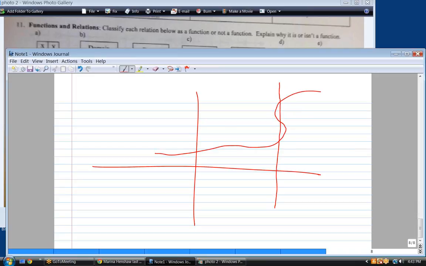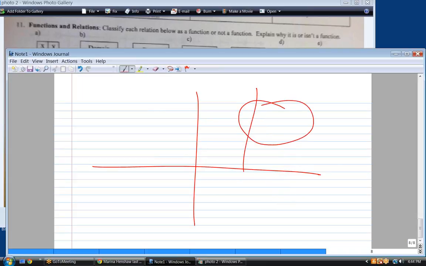The reason this fails is that for this particular value of x, I have multiple values of y. So all you have to do is find 2, and it's not a function. Okay? So a circle is not a function. That fails the vertical line test.